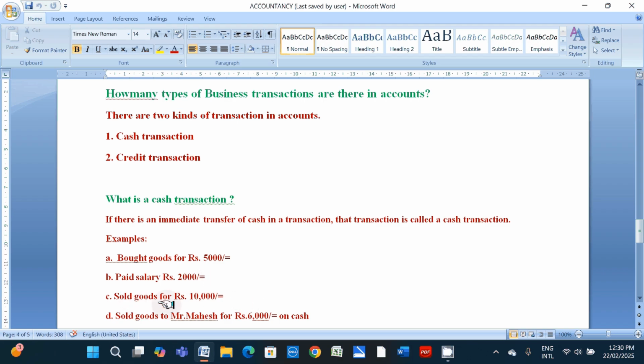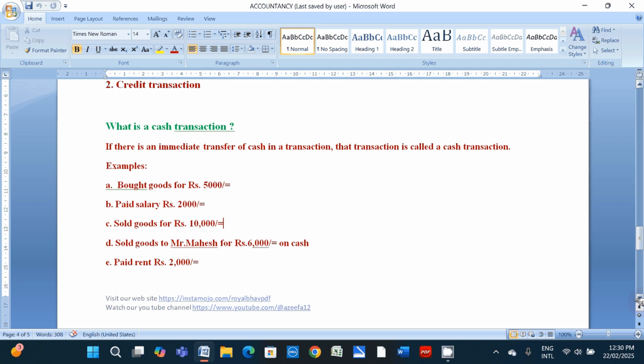Like that, sold goods for rupees 10,000. We give the goods, the money's worth, and we receive cash immediately. That is called a cash transaction.